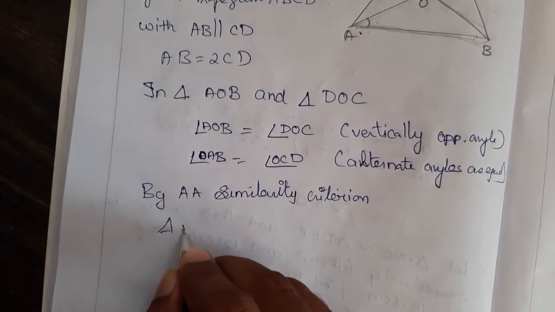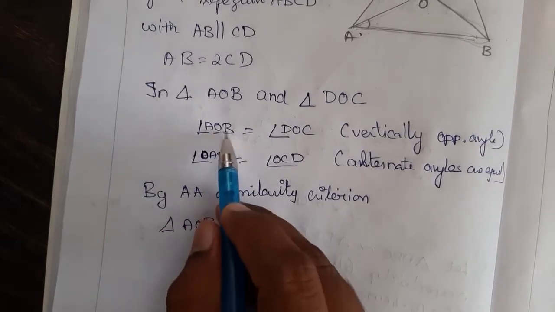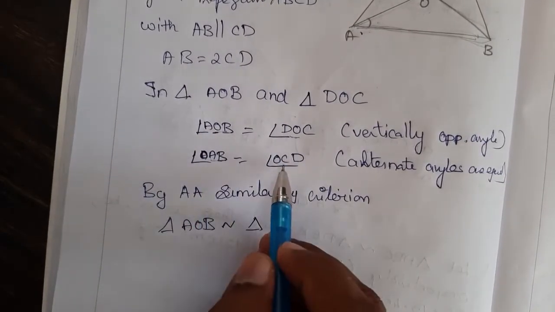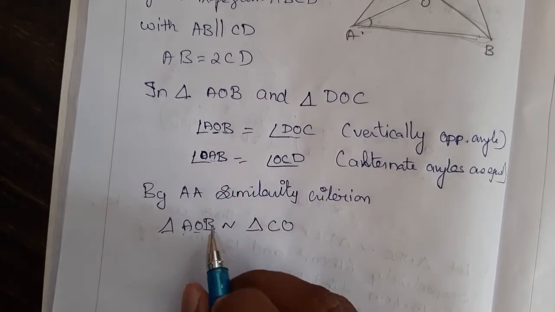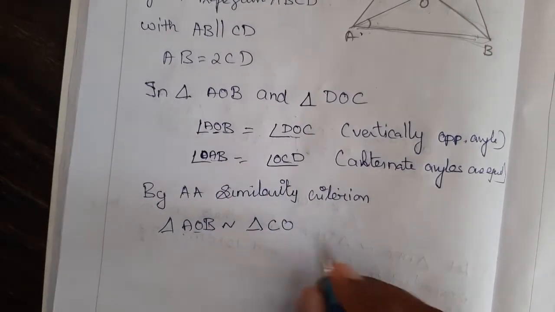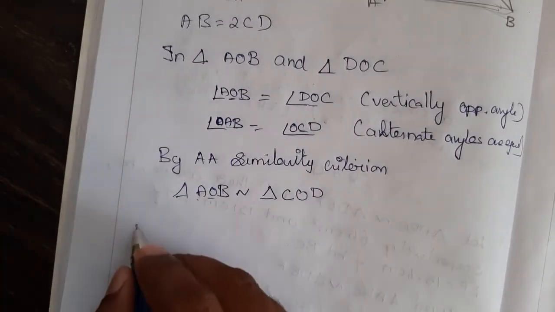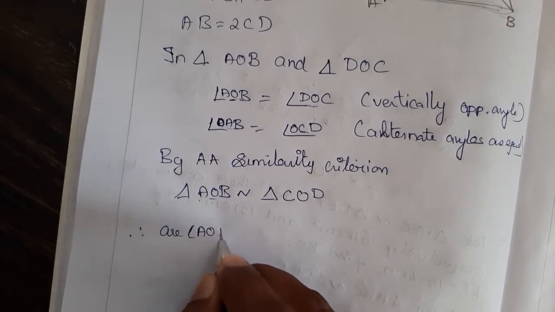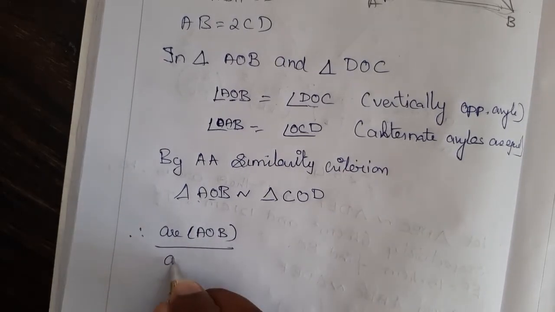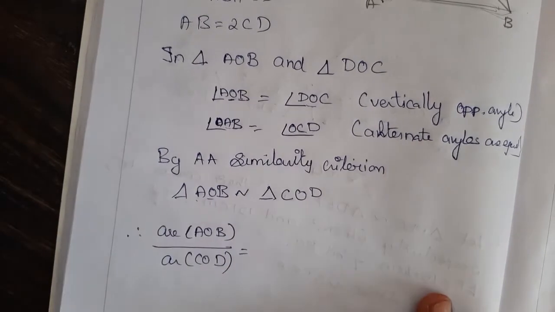So triangle AOB is similar to triangle COD, where O corresponds to O, A corresponds to C, and B corresponds to D. So the area of AOB divided by the area of COD equals the ratio of the corresponding sides squared.